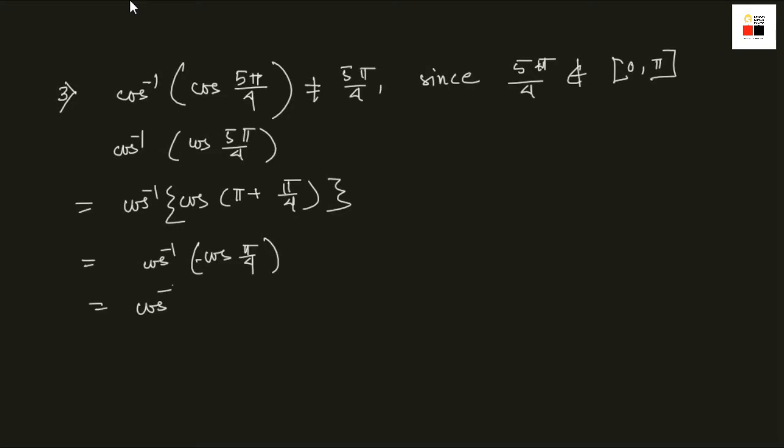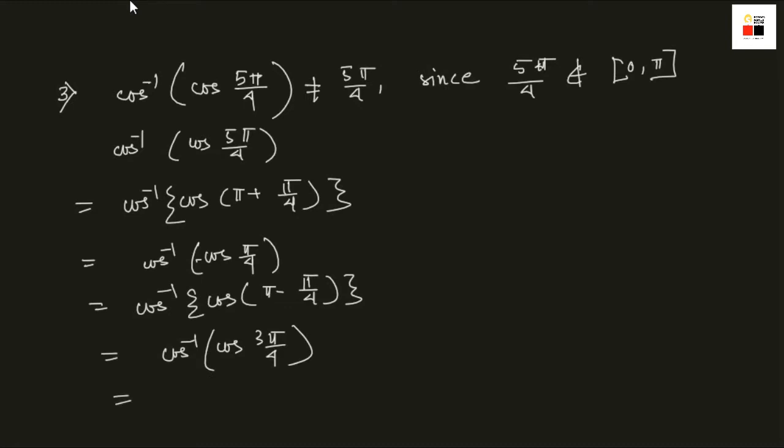So cos inverse of negative cos pi by 4 is cos inverse cos of pi minus pi by 4, which is cos inverse cos 3 pi by 4, equal to 3 pi by 4. This will be the answer.